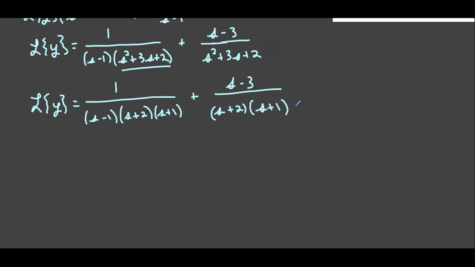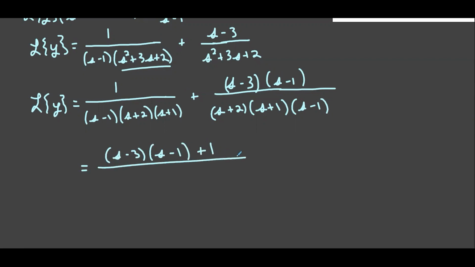All right, so how about we combine these into one big fraction? That way we only have to do partial fractions one time. So I need a common denominator. So I need to add a s minus 1 into this denominator. That means I've got to add a s minus 1 in the numerator. Right, so now if I add these together, I get s minus 3, s minus 1, plus 1. I need to simplify the numerator here.